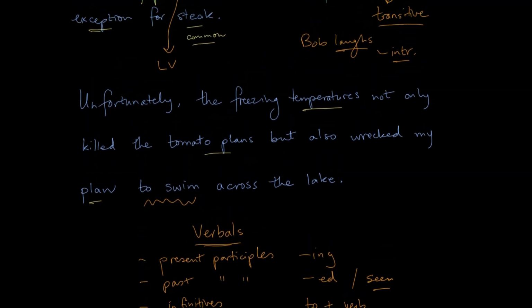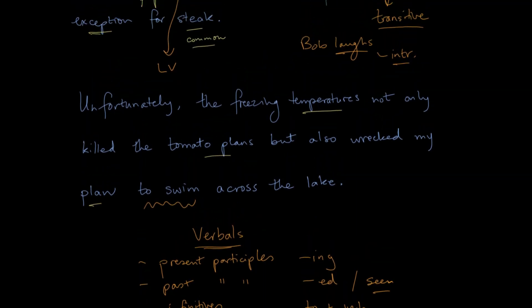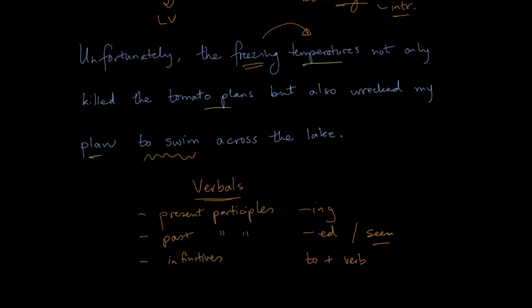If we look further up, we also have a present participle here, freezing. And in this case, the present participle is acting like an adjective. When we describe a noun, then we use an adjective. So what kind of temperatures? The freezing temperatures. What you can see then is that these verbals are quite good at taking on different roles in the sentence.